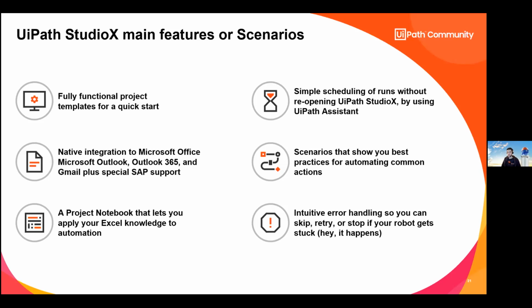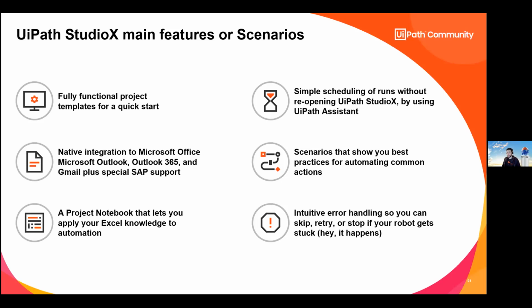Let's say you want to do simple things like extracting data from cells or from information, you know, left, right, mid, or VLOOKUP or those kinds of things. There are a lot of things that you can do on Excel that you can put here in your project notebook, and then you can reutilize that in UiPath StudioX. Not everything that you can do on Excel, but most of the things.